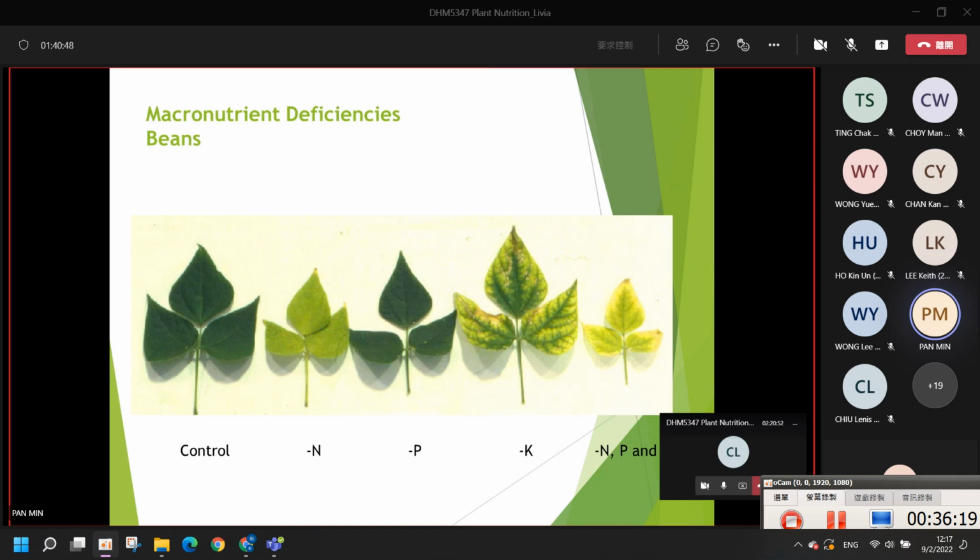And potassium shows the necrosis, the dead tissue.